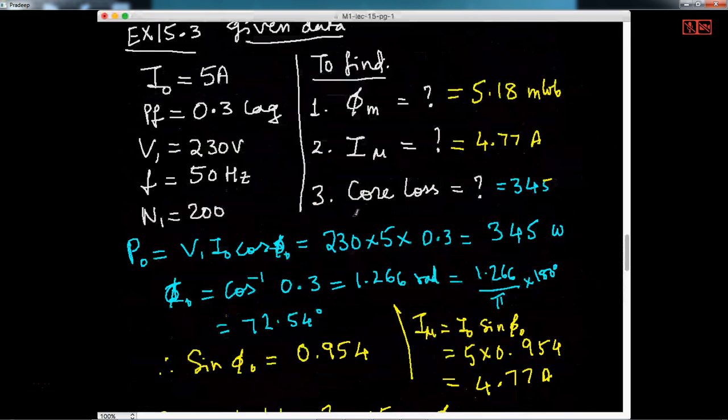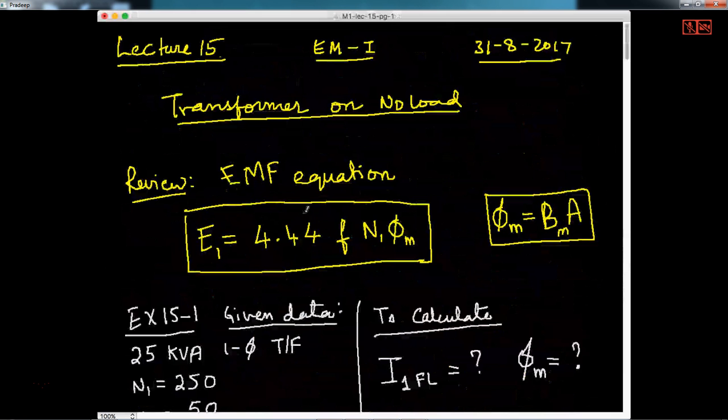And then here I write transformer on no load, and then transformer on load. So these two topics let's cover today.